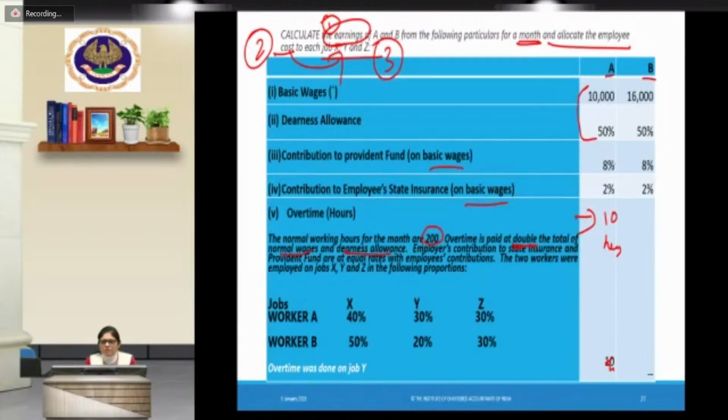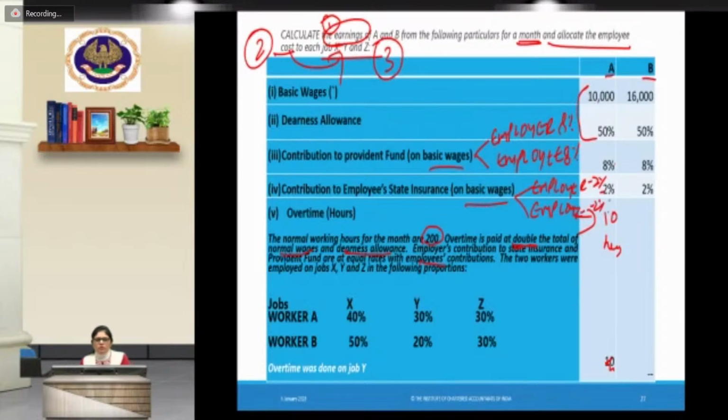Employers contributing to state insurance and provident fund are at equal rates with the employees. So that means this contribution has to be made by the employer also and the employee also, and the contribution of both is the same. That means employer also 8%, employee also 8%. Clear? ESI, employer also 2% and employee also 2%.